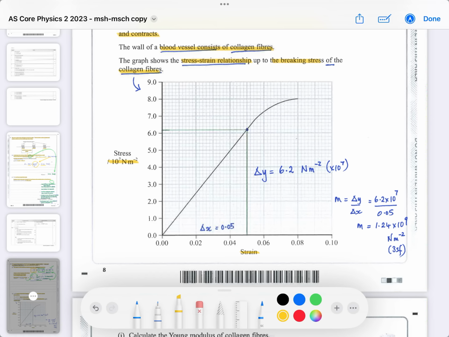So I've done the gradient at this point, because that's where the straight line kind of doesn't go much beyond that, so the proportional part. So you need to use the straight line portion, and also it gives me nice figures of 0.05 strain and an easily readable value on the y-axis.